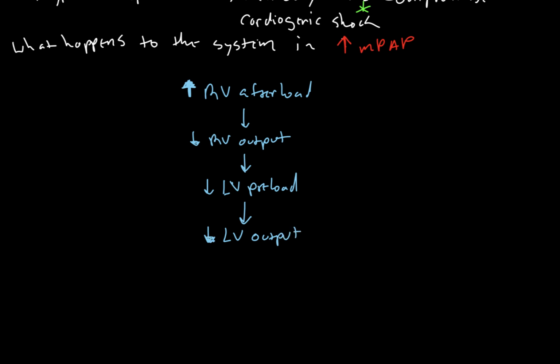Okay, so you can see a cascade developing here, a cycle of demise. Increasing our RV afterload, we're increasing our RV dilation. And if we increase our RV dilation, we're going to stretch our tricuspid.